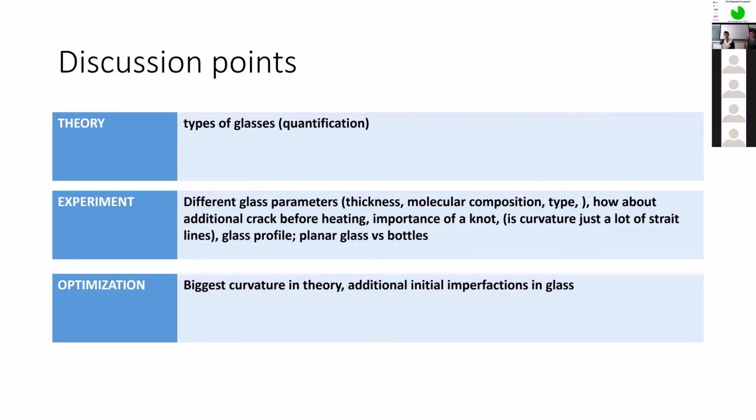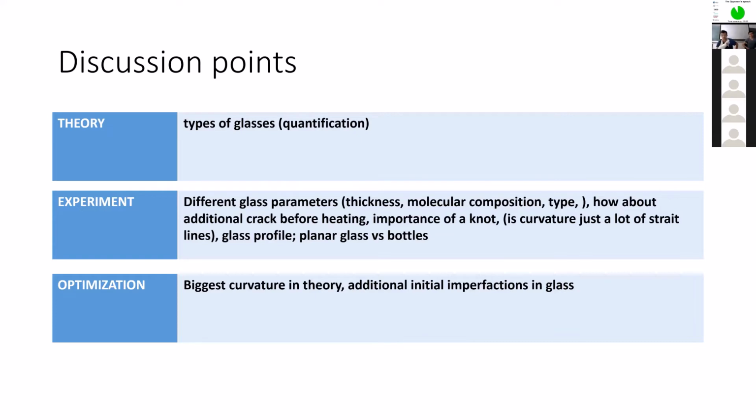Okay, so in discussion, I would like to discuss different types of glasses and different glass parameters like thickness, molecular composition, and type, and how these parameters affect the cracking of the glass.